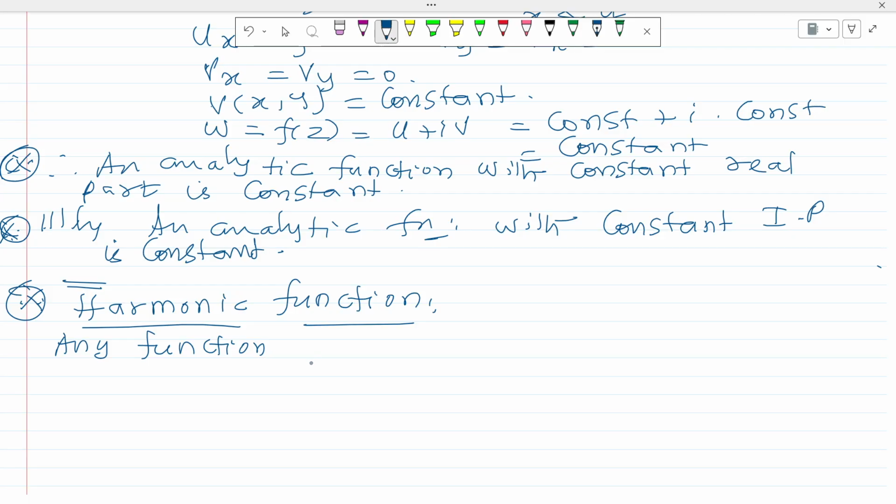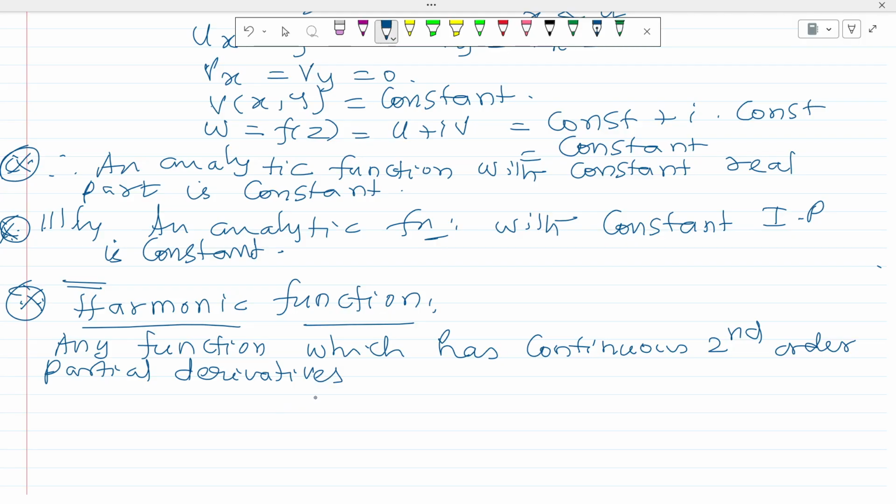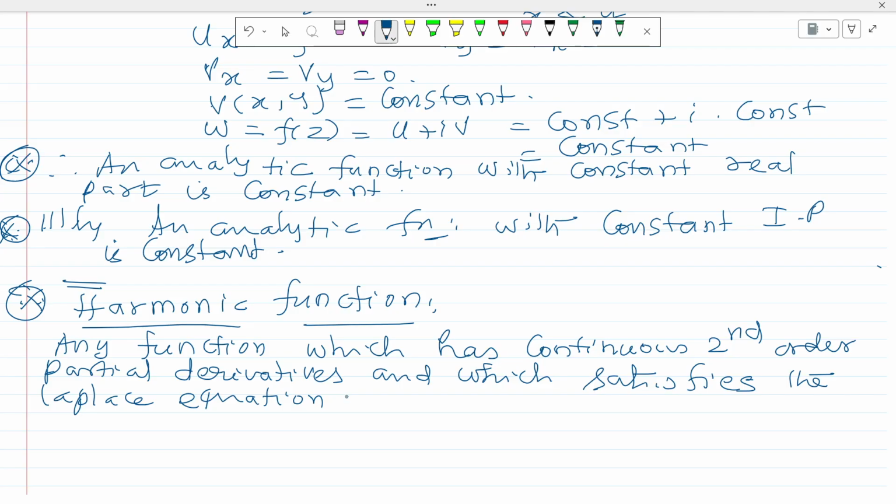Any function which has continuous second order partial derivatives and which satisfies the Laplace equation is called a harmonic function.